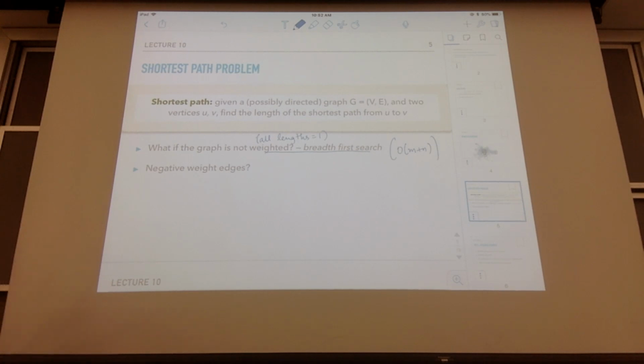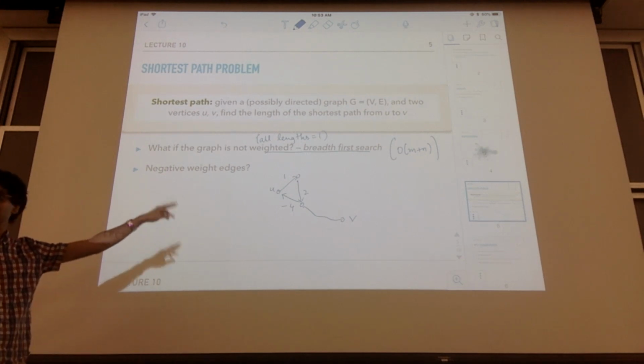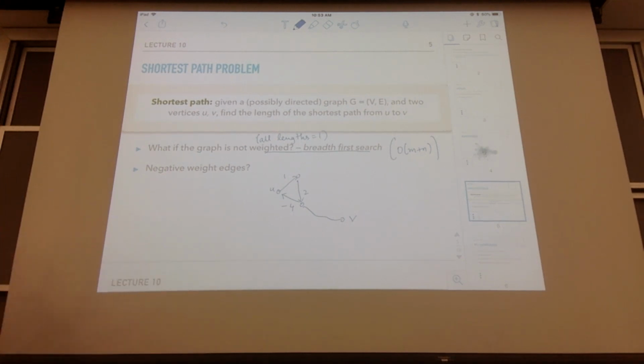If you had a graph like this, where you had 1, 2, and minus 4, and this is the source u, then to get to some vertex v, it's better if you just take this loop as many times as you can and then go there. So the problem is not well defined if the graph has negative weight cycles. This is one thing to just know.